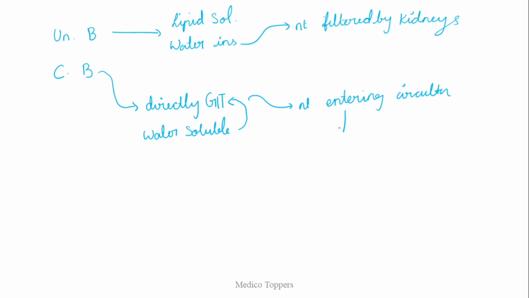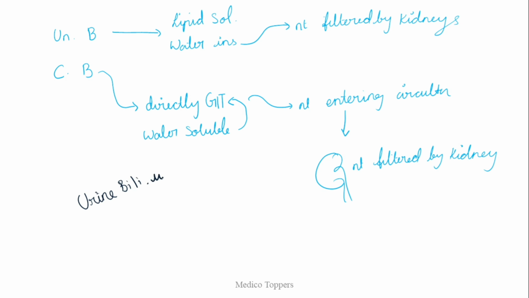Because it is not entering the circulation, it is not filtered by our kidneys. So here comes the answer to our $1 million question: that is why urine bilirubin is absent.